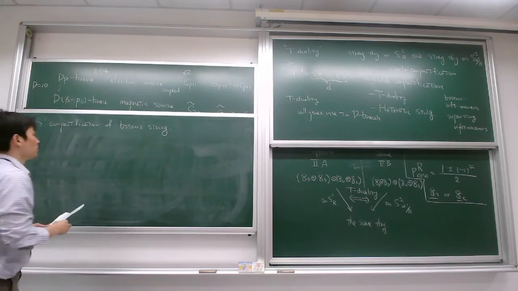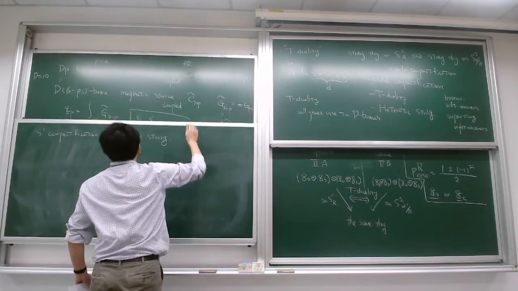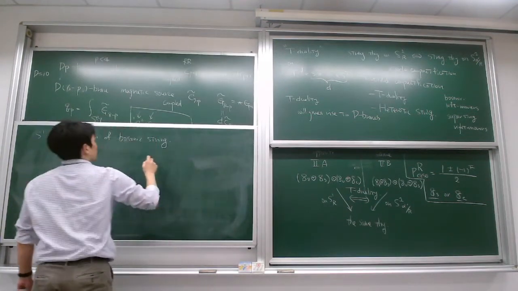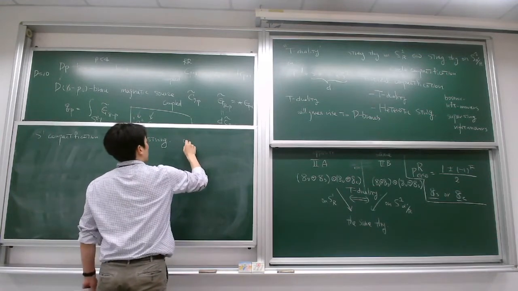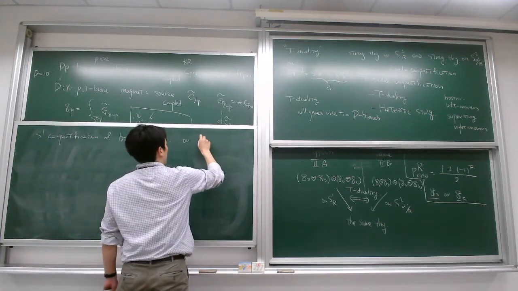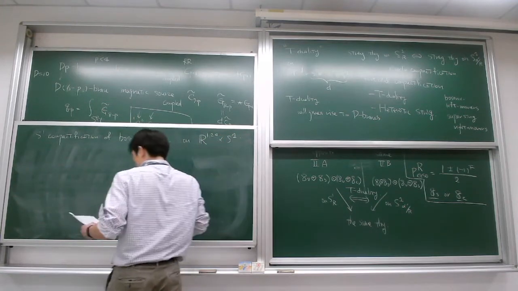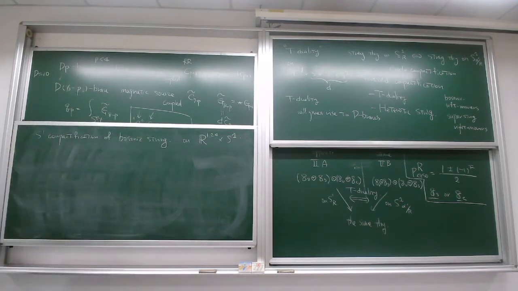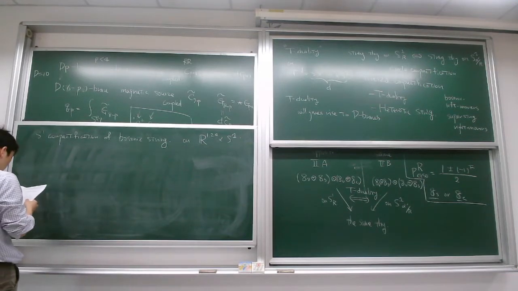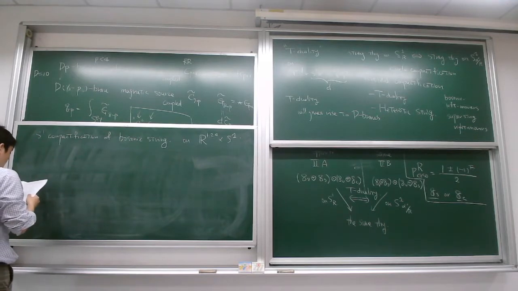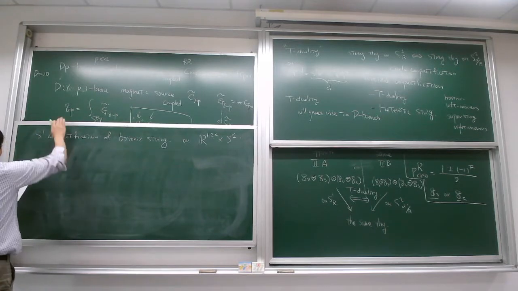So we just consider the bosonic string on R^{1,24} times S1. Then we will do the same thing as before.